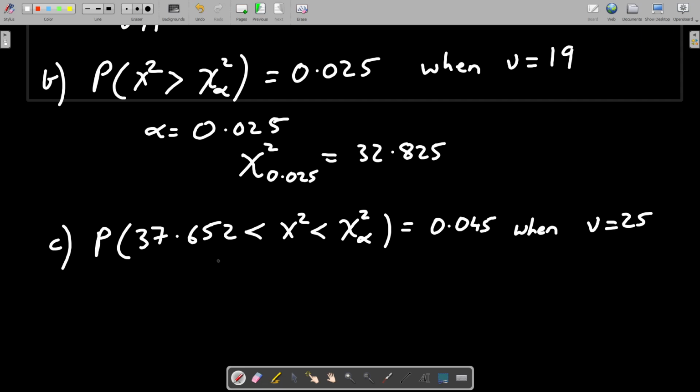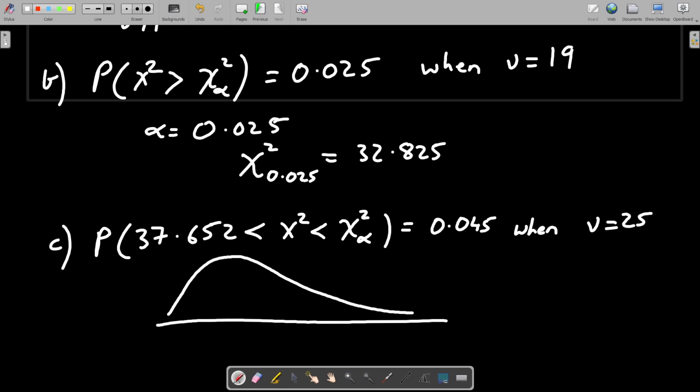So what the question is asking for is, the graph is somewhat like this.